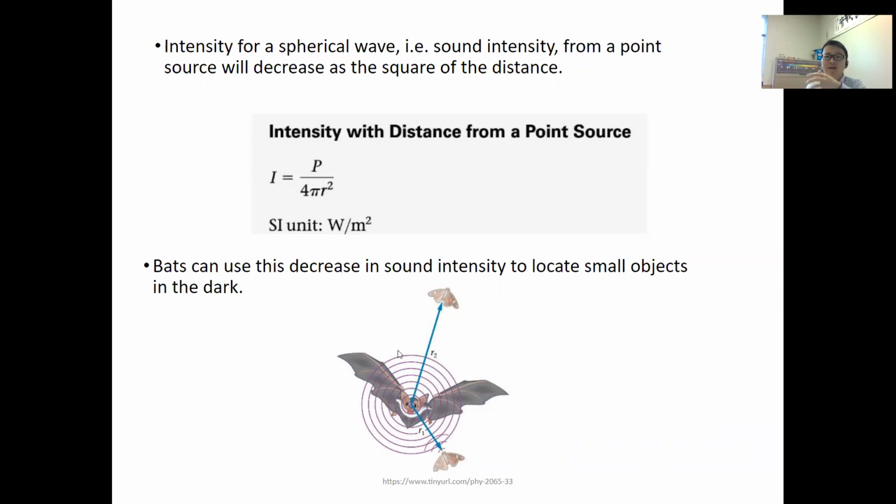In fact, animals such as bats give out sound waves, and depending on the intensity coming back from the insect, they can tell how far the insect is located and in which direction, so they can chase and hunt the insect.